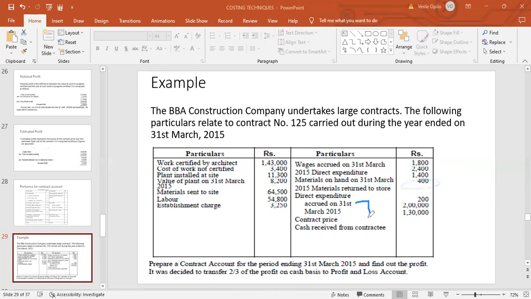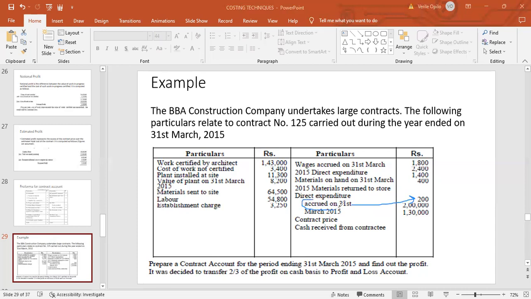Then we have direct expenditure, and in this case we have two of them. We have the direct expenditure accrued on the 31st of March 2015, amounting to a total of 200.